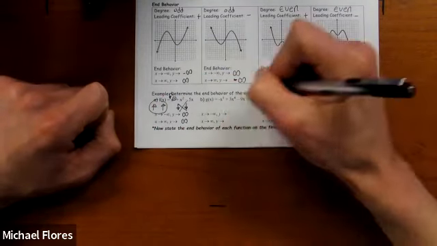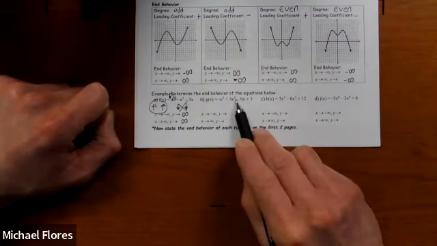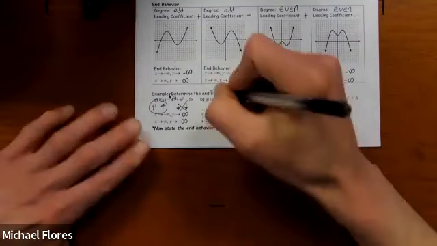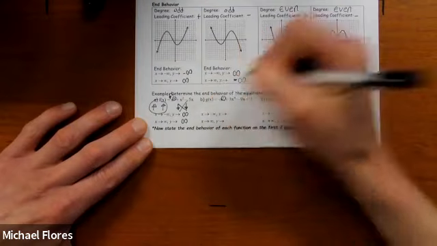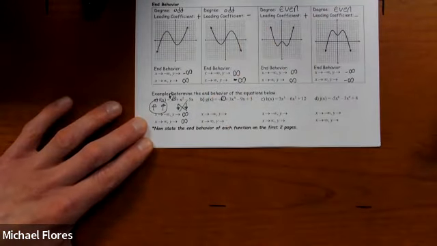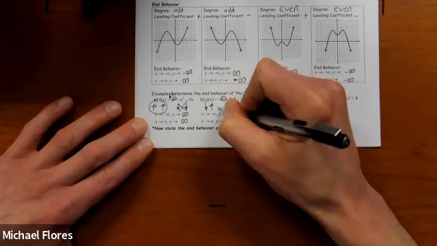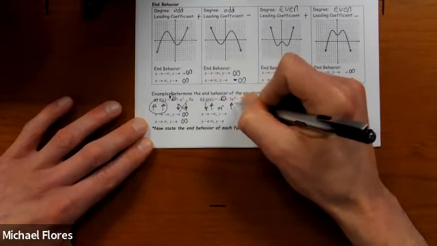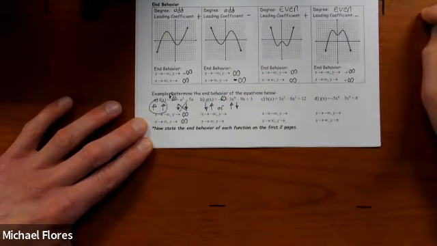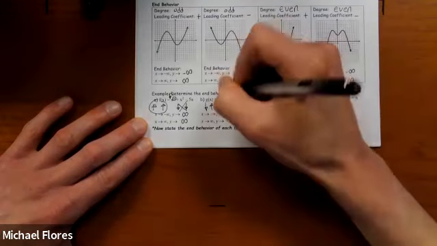Example B. Looks like we have an exponent of 5 and an exponent of 4. We want the biggest one, 5. That is an odd number, so our arrows must be going in opposite directions, either down, up, or up, down, based on the leading coefficient. Now we can determine it.